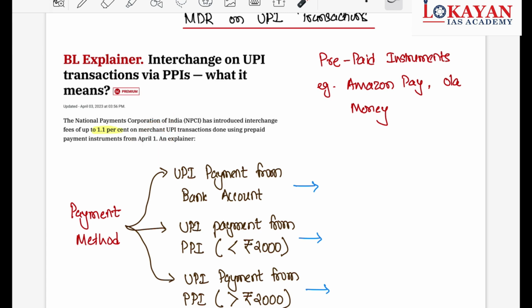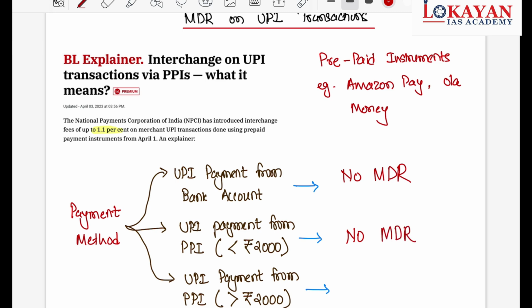April. Now let's discuss various payment methods. If there is a UPI payment from a bank account, then there will be no MDR. If there is a UPI payment from a prepaid instrument but the value is less than 2000 rupees, then also there will be no MDR.